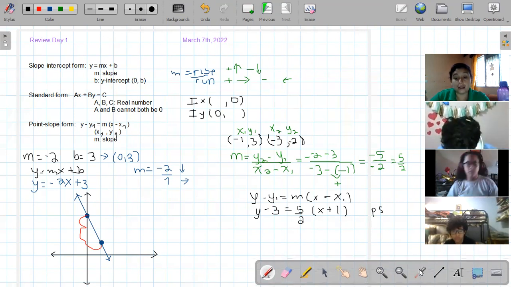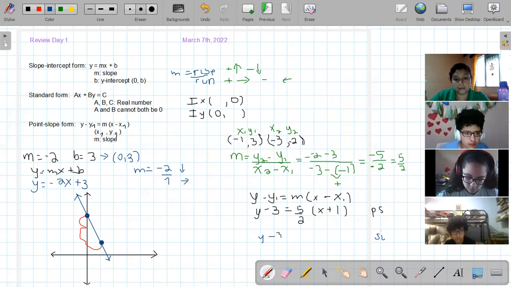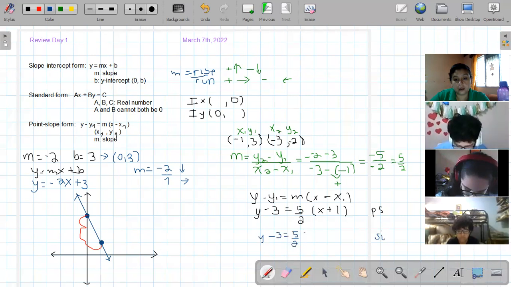Now let's make the slope intercept form, okay? Now I'm going to do that in blue. I'm going to copy again for the slope intercept form. So I'm going to copy y minus 3 equals 5 over 2 times x plus 1.